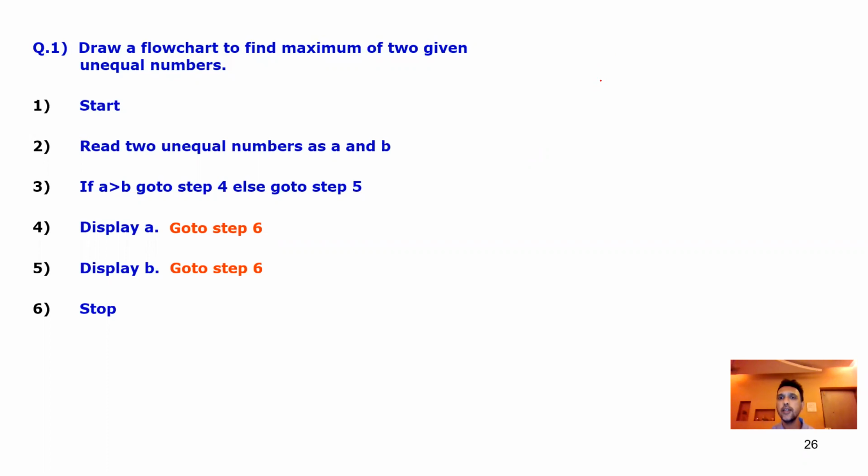So step number 1 is start. Tell me, start is always given inside which symbol? Rounded rectangle. So in a rounded rectangle, I will write start. Now step number 2. Listen to my question carefully.